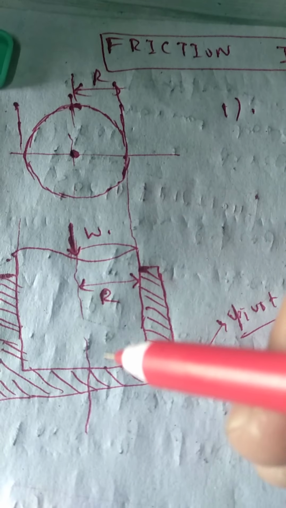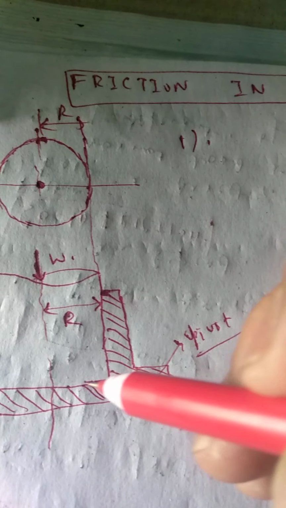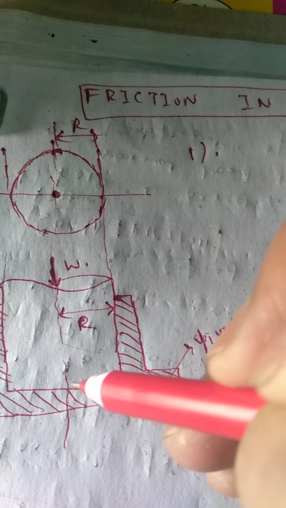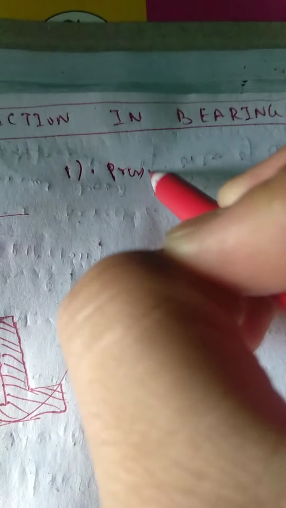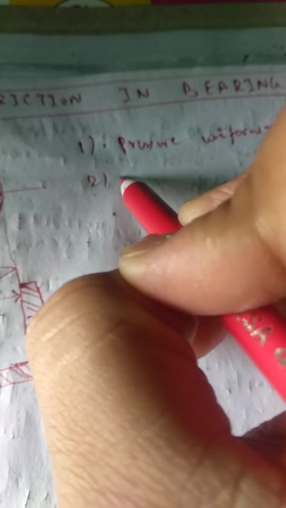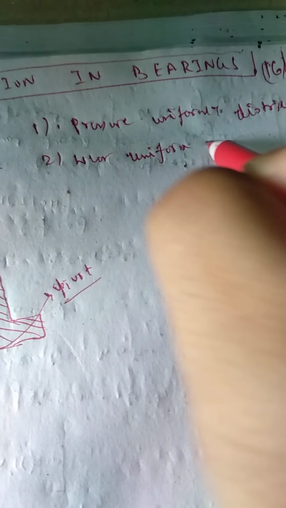We have already said that in the actual picture the pressure is not uniform along the length of the radius, but we will assume that the pressure is uniformly distributed. And secondly, that wear and tear is uniform throughout the bearing surface. These are the assumptions.